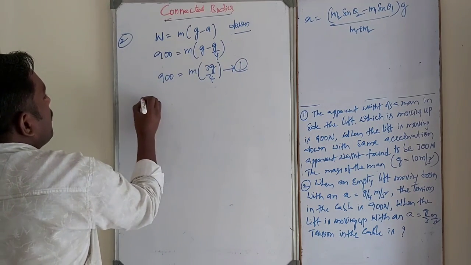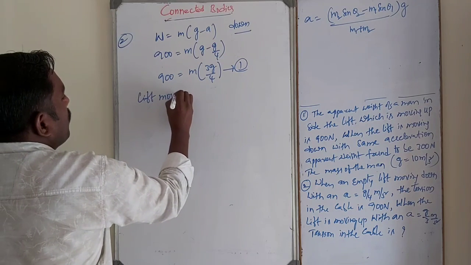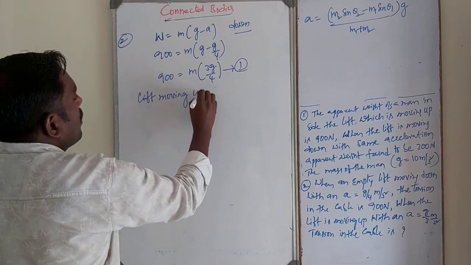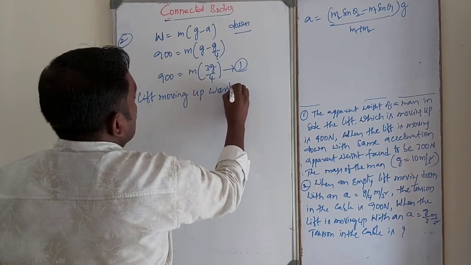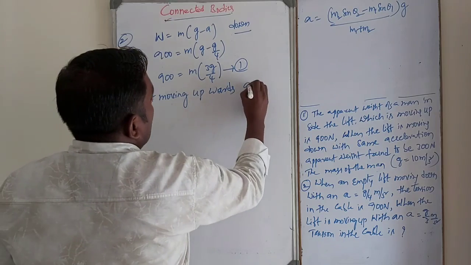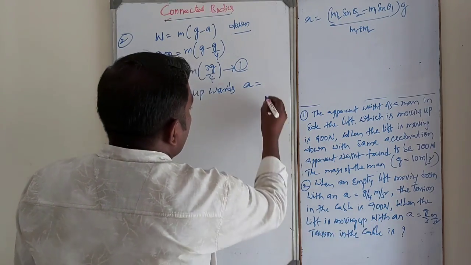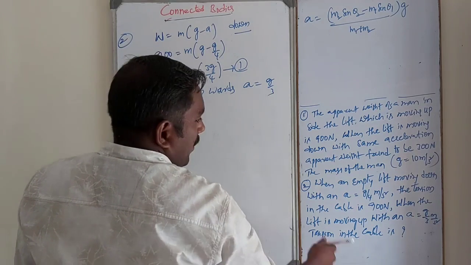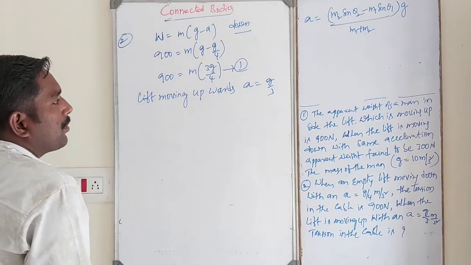Next one, the lift is moving upwards with an acceleration of g by 3. Find the tension in the cable.